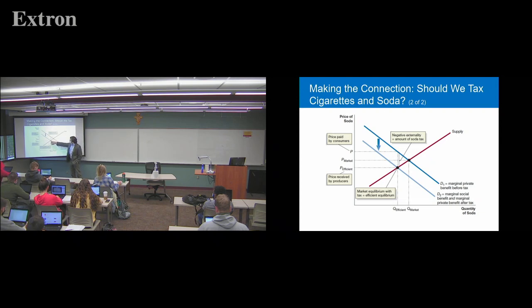What that ends up doing is we move the price, so the price received by producers is right here, so they're willing to produce this efficient quantity. The price paid by consumers is going to be above that. The difference between the price paid by consumers and received by producers will be equal to the tax that's placed on it. And again, the price paid by consumers is going to cross the marginal private benefit before the tax at the new efficient quantity.